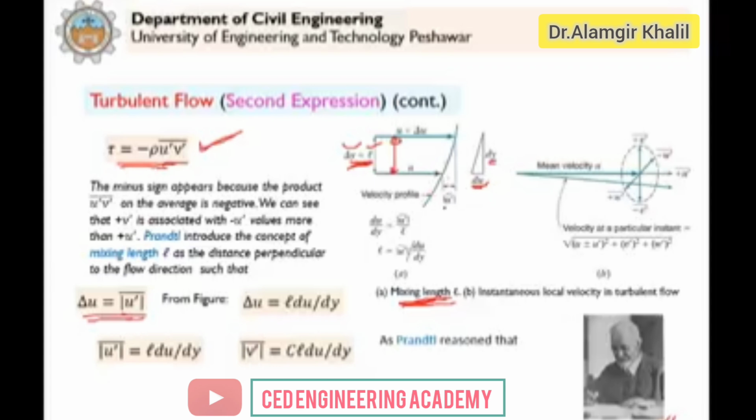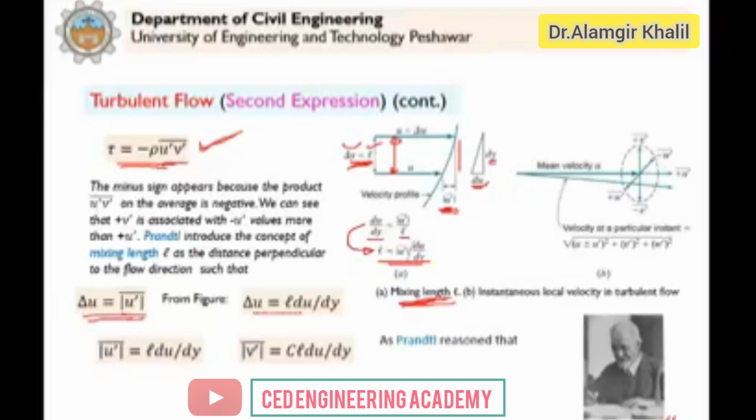So now we have this u dash bar divided by this distance, which is L, also equal to du divided by dy. So now from here, similar triangles, we get L is equal to u dash bar divided by du by dy. And it is written in absolute value because it has a plus minus sign that we already discussed.